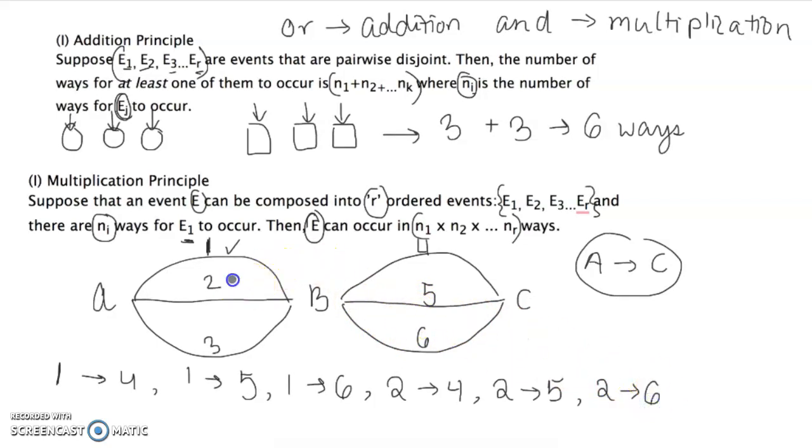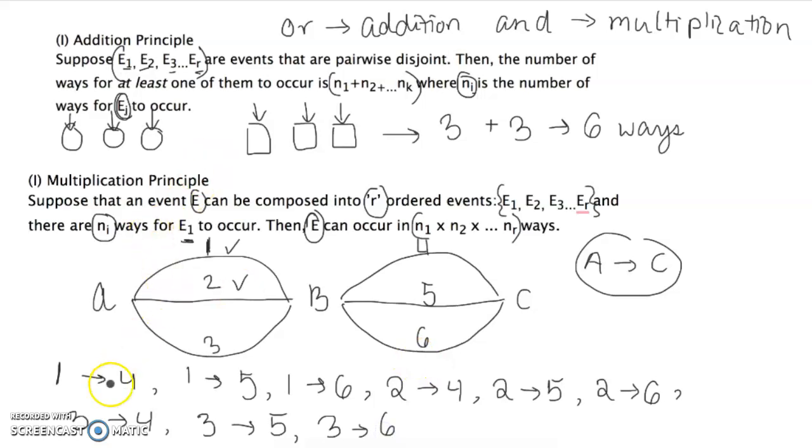Now I'm going to check mark road 2, and let's use road 3, which is our last road left from A to B. So we can use road 3 from A to B, then road 4 from B to C, so 3 to 4, then road 3 and road 5, and then road 3 and road 6, so it's 3 to 6.